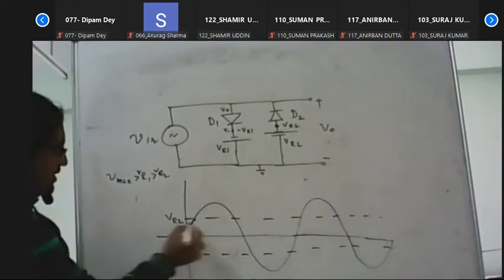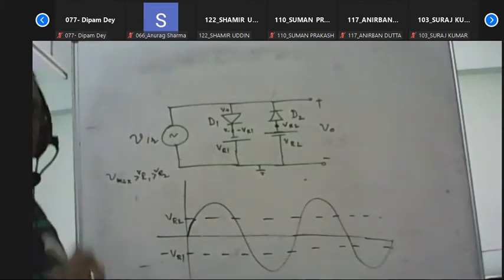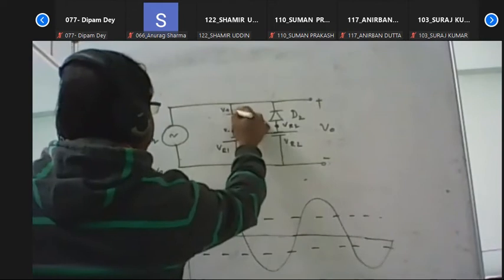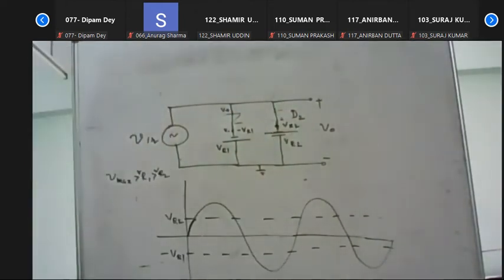Yes, sir. In this section both diodes are on. When both are forward biased, they behave like short circuit elements. So these two act as short circuit elements.